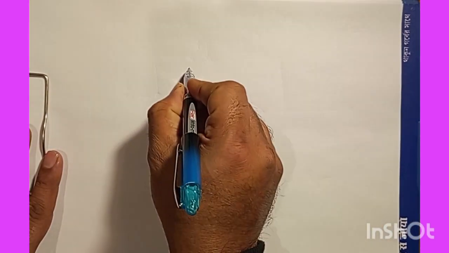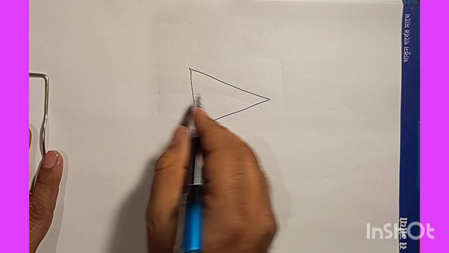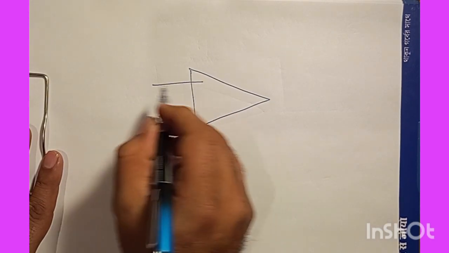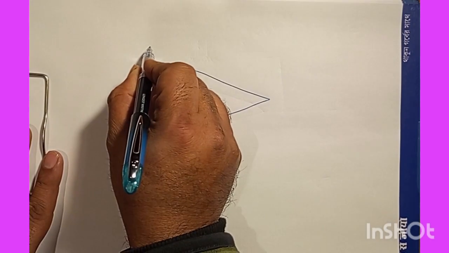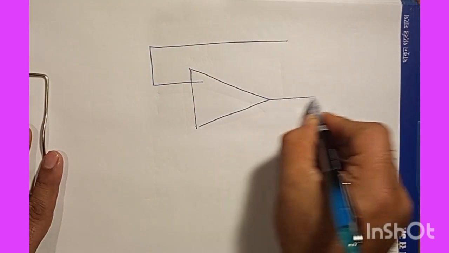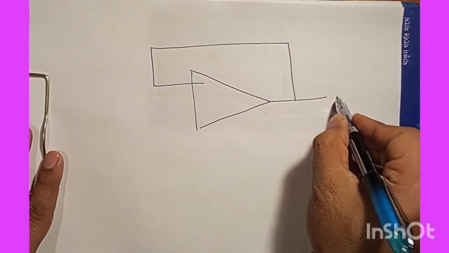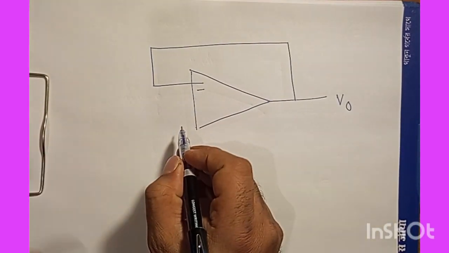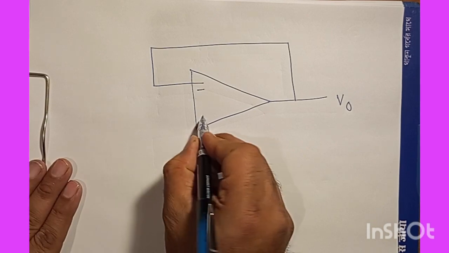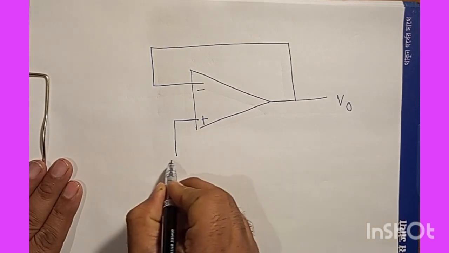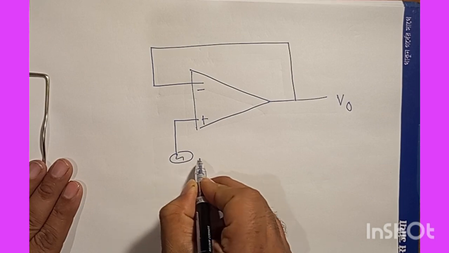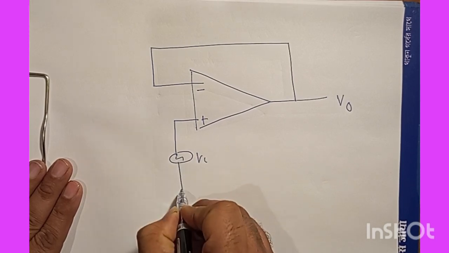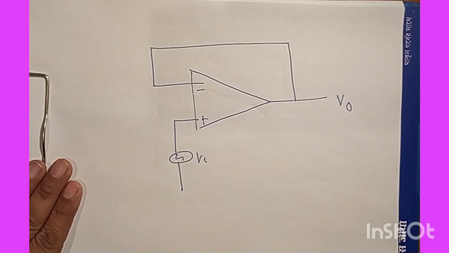If I redraw this circuit, we will have an operational amplifier, and this is the inverting end, and then here you will have the output. So this is V out, this is the inverting end, but we are giving the signal to the non-inverting end.